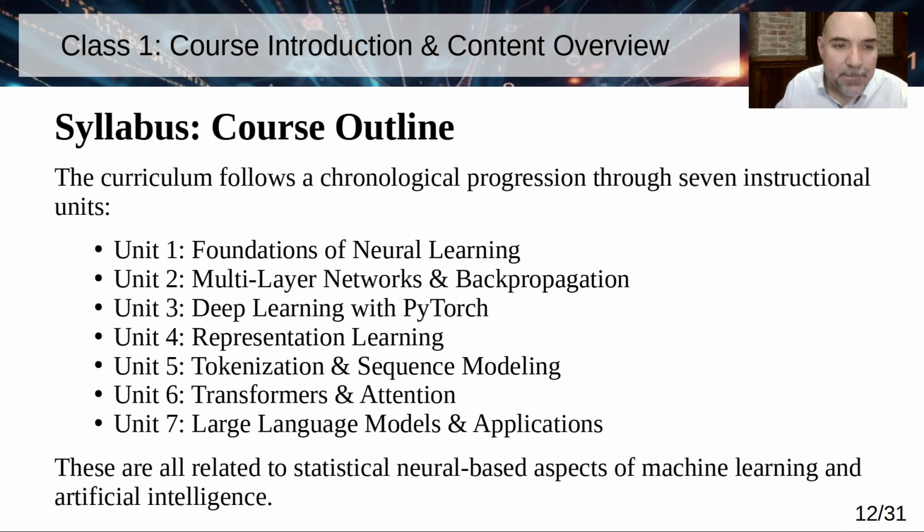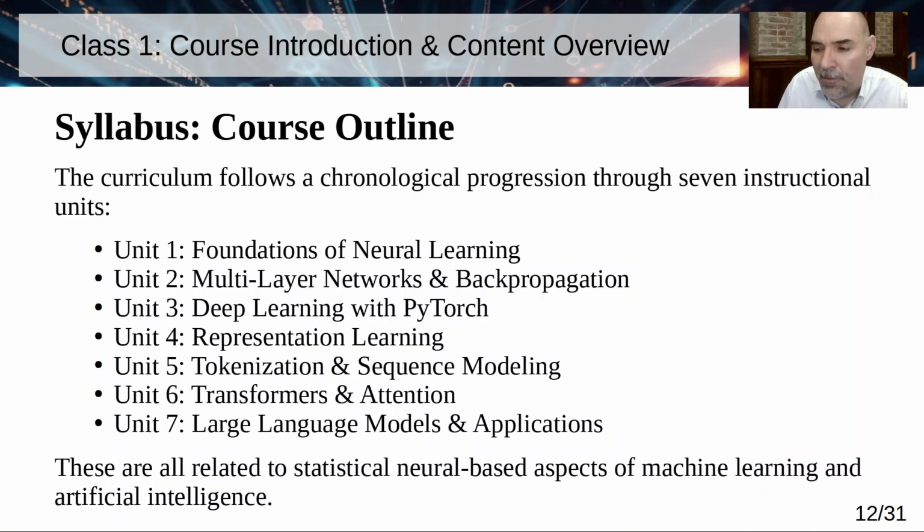Now, the course outline. This is different than last semester because we're covering different material. We talked about a little bit of this in the course description earlier, but this course we have 7 units, so more units, but they're a little more granular in some of them. So for example, we've got Unit 1, which is Foundations of Neural Learning.